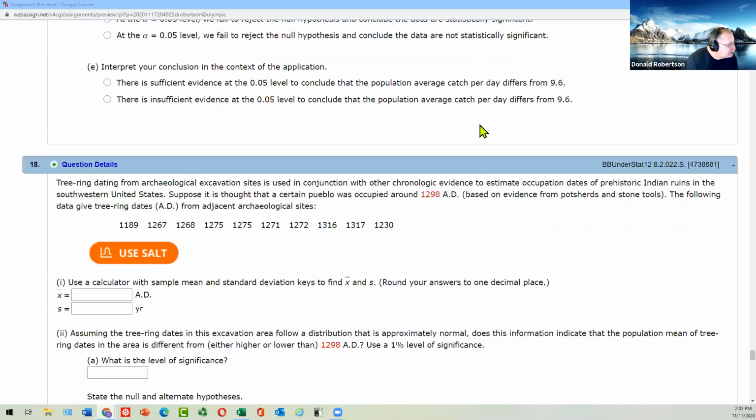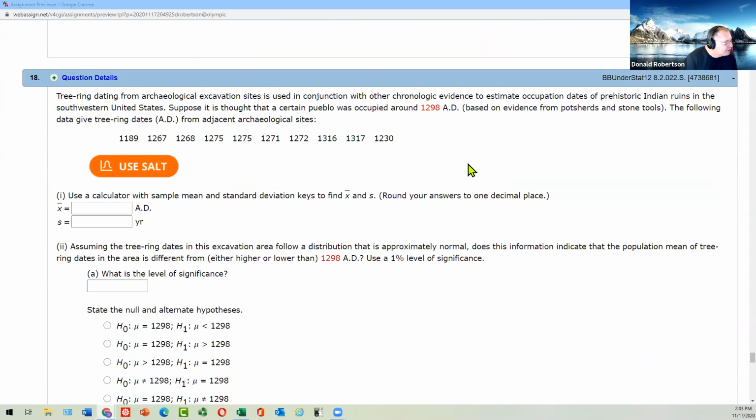Let's do the tree ring for the last one. That'd be a good question to finish on. Tree ring data from an archaeological excavation site is used in conjunction with other chronological evidence to estimate the occupation dates of prehistoric Indian ruins. So they collect evidence and they might say this particular native community was living here for 200 years or maybe only 20 years, right?